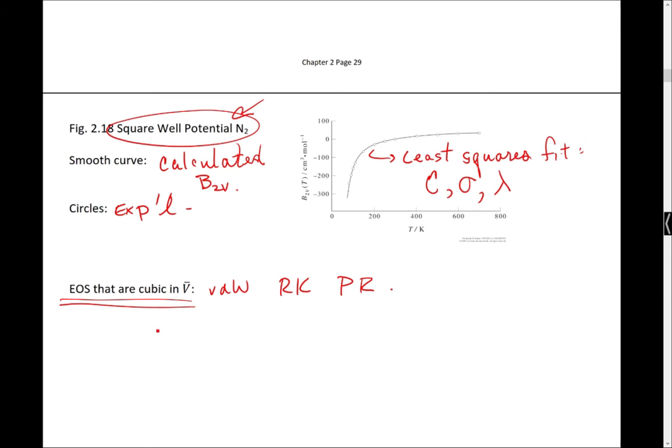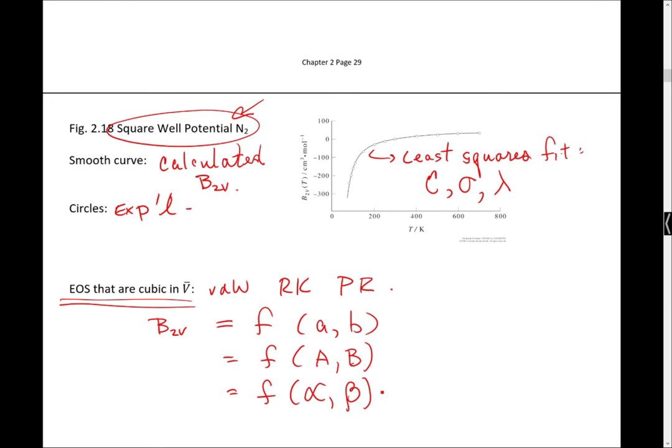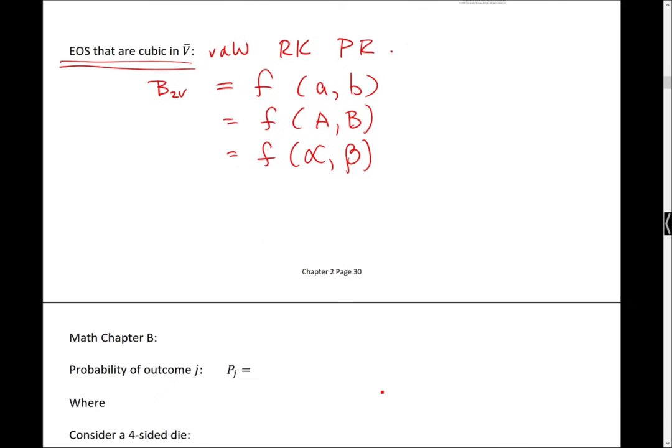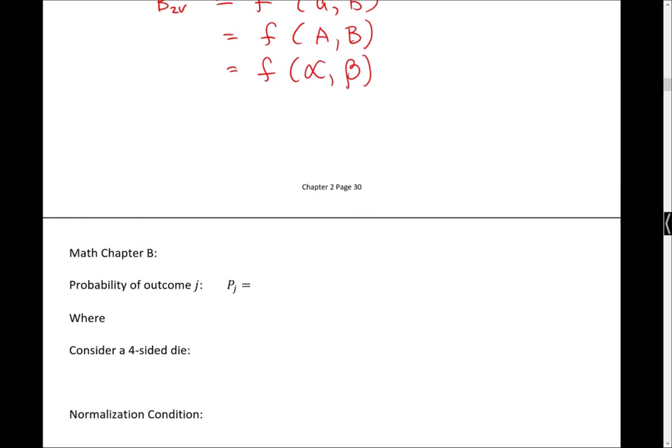In all cases, B2V can be written as a function of A and B, big A and big B for the other equation of state, and as alpha and beta. I wish we had a little more time, but this would take at least another lecture to talk through. Any questions about anything we've covered so far?